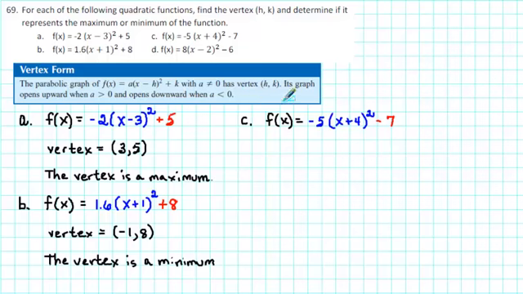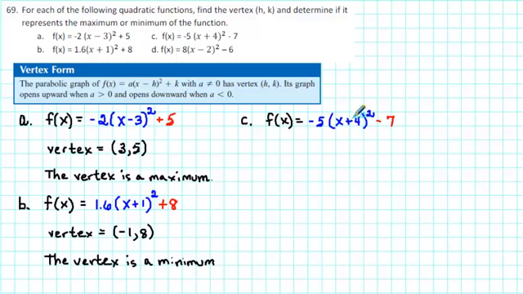For part C, we're given the quadratic function f(x) = -5(x + 4)² - 7. Our first term, -5(x + 4)², is never positive. Therefore, its maximum value is 0. The expression is equal to 0 when x is equal to -4. -4 plus 4 is 0.